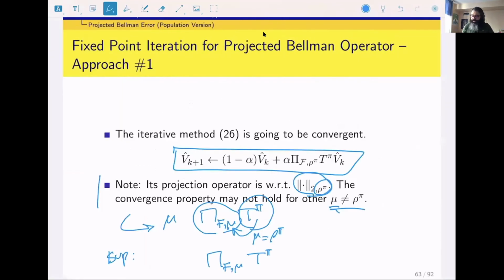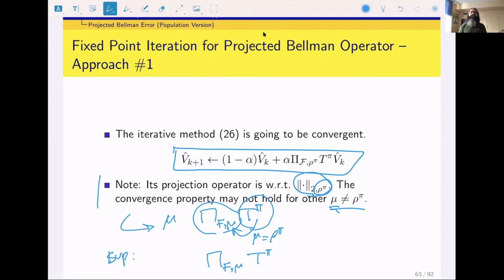And that is actually important because later when we design an RL algorithm, you see that this algorithm or something like this would be the basis of TD method with function approximation or linear function approximation. We will see that if the data distribution is not coming from the stationary distribution, the underlying operator defining those methods may not be contraction, which means it may diverge.